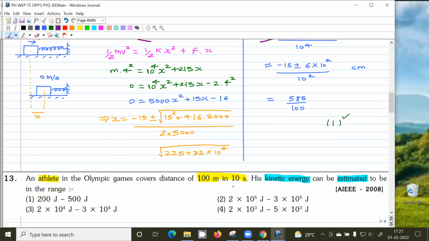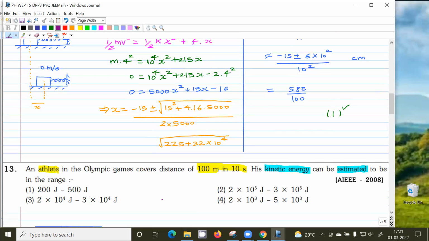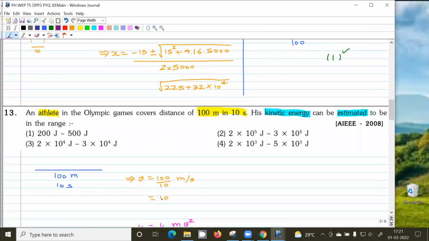So from this you get an acceleration. Suppose the initial speed u is 0. Once the acceleration is known, v you can calculate.